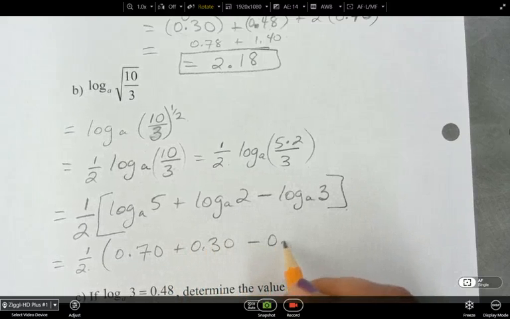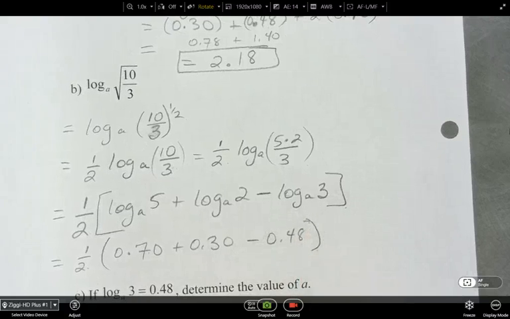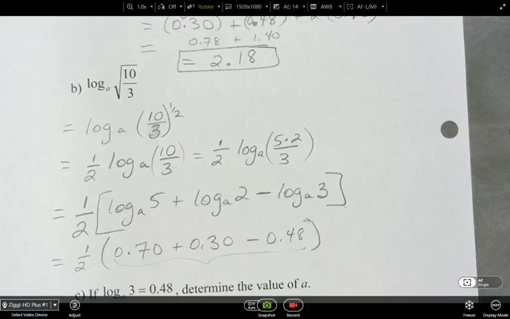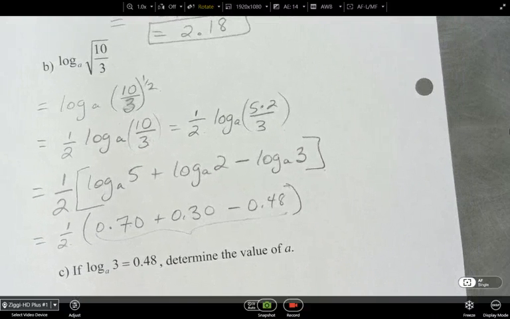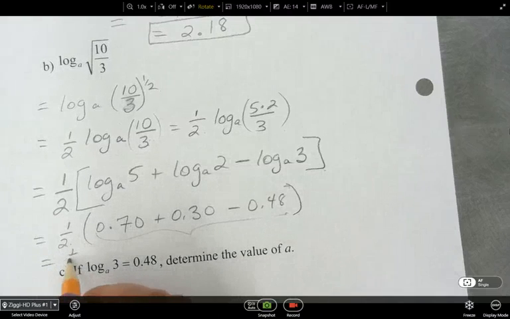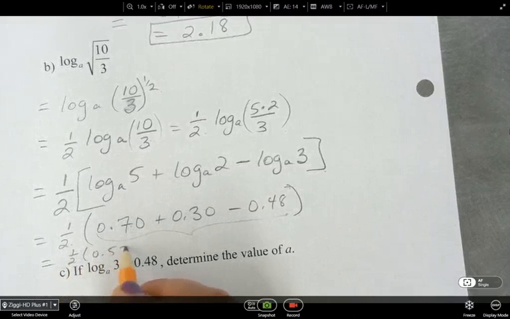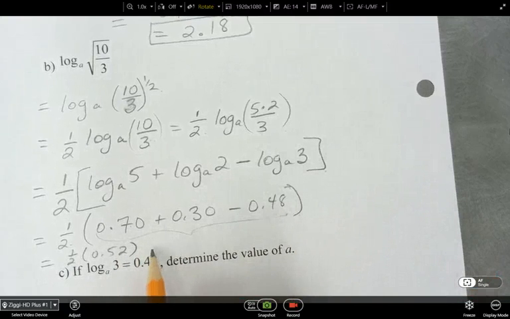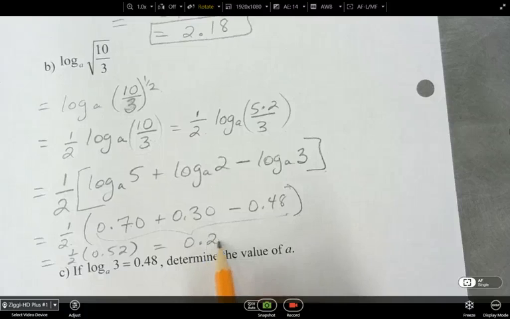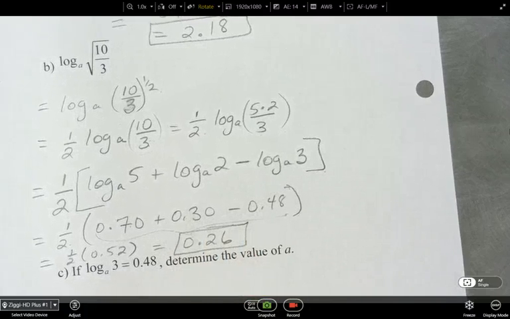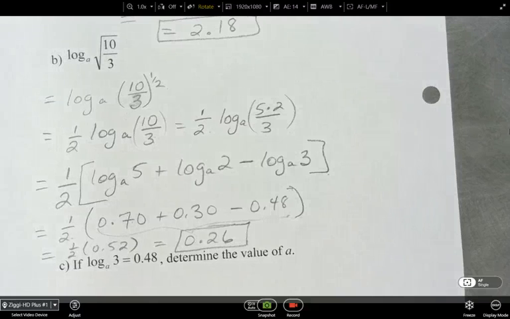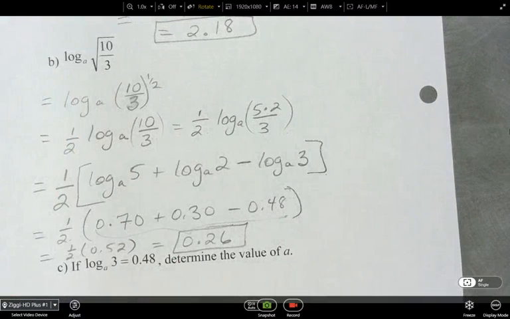And subtract 0.48. So what does this all equal inside here? It's 0.52? And then what's 1/2 of that? And that's what this is evaluated to.